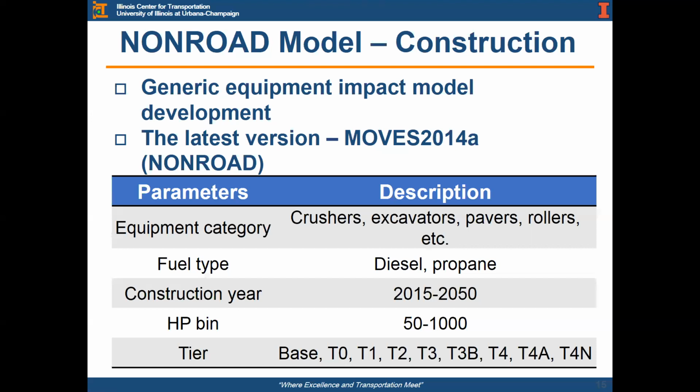The user will select, of course, the construction year, the horsepower range, and finally the tier category. What I mean by tier category is the emission regulations that EPA has on certain equipment, which mainly restrict the emissions of oxides of nitrogen (NOx) and particulate matter.